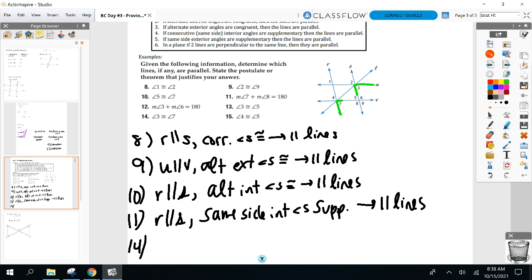So guess what? They're not any special type of angle. So we're going to say, if any, are no lines parallel. Because they're not alternate interior, same side, corresponding, they're nothing. Everyone see why? They have to share a line to have some type of special relationship.